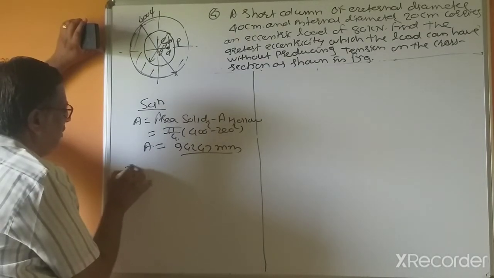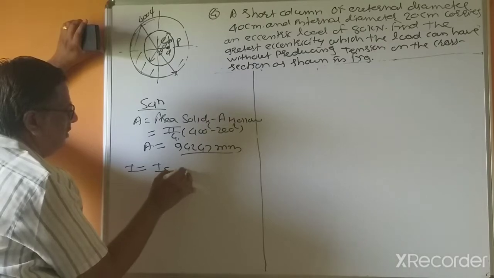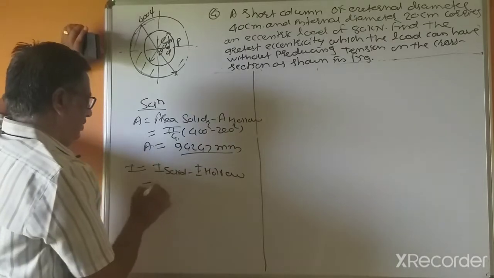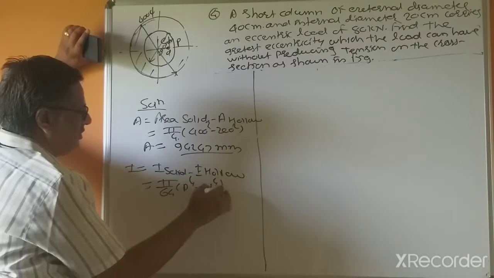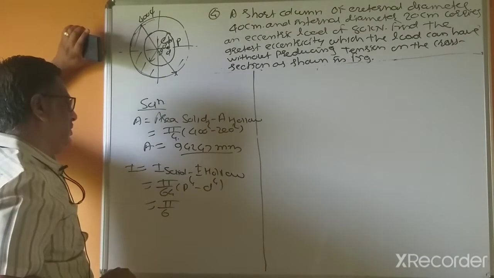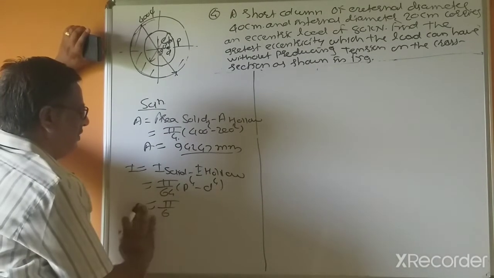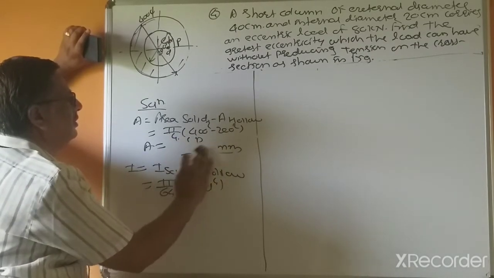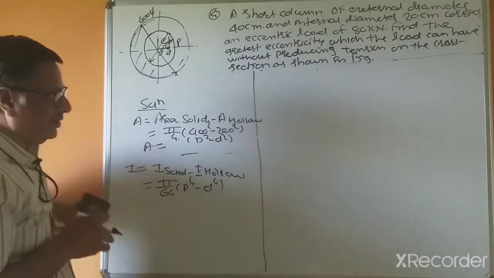Now moment of inertia equals solid minus hollow: pi by 64 capital D raised to 4 minus small d raised to 4. Otherwise we will put it as it is, in the d square form.